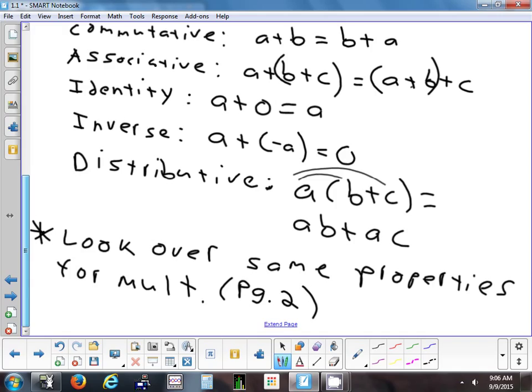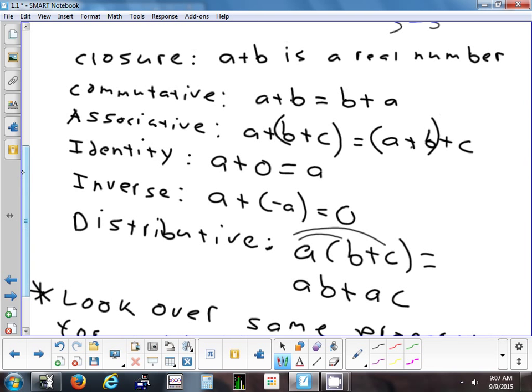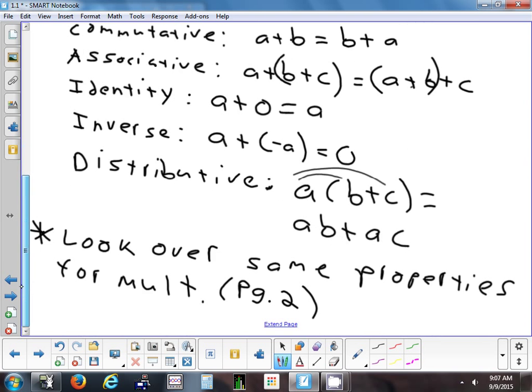With multiplication, we really don't have a distributive property. You would never use the distributive property with something like this. Distributive property is only used when you have addition or subtraction inside parentheses. But all these other properties work with multiplication.